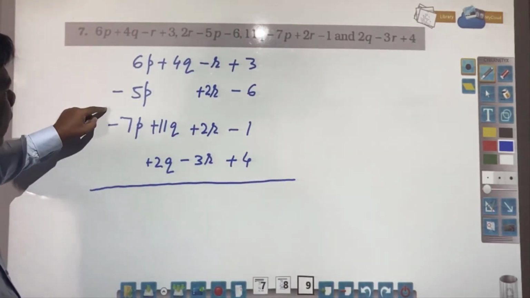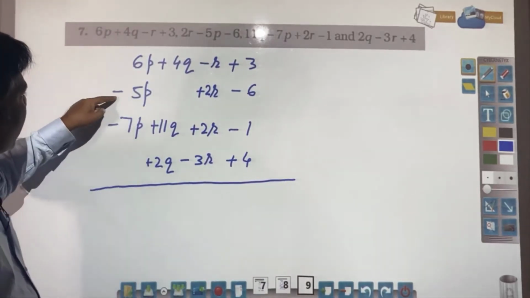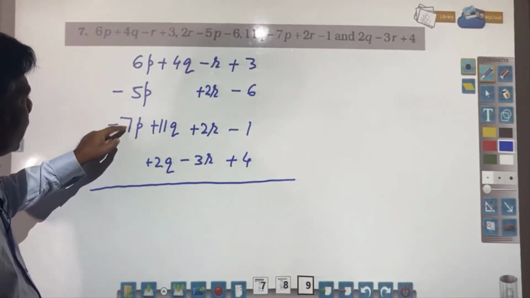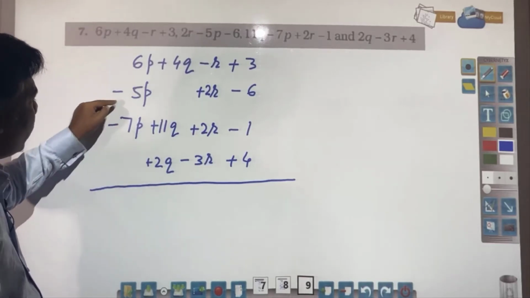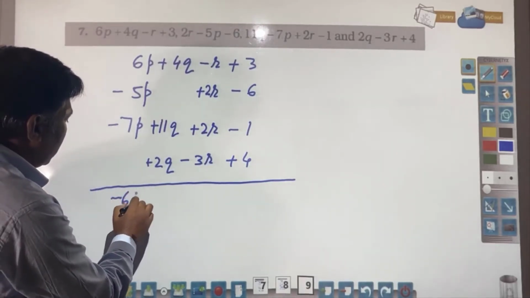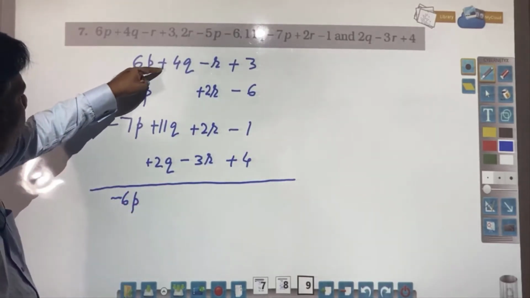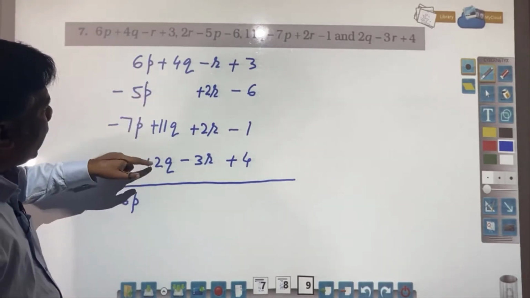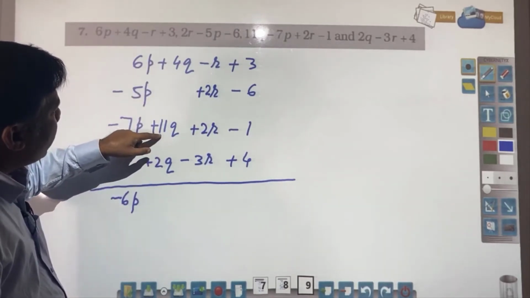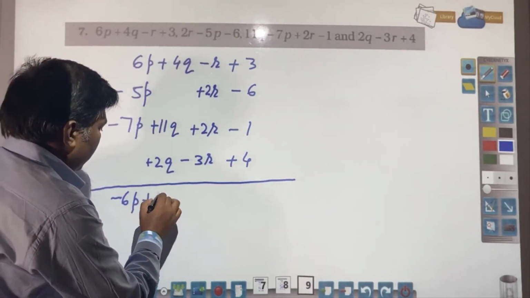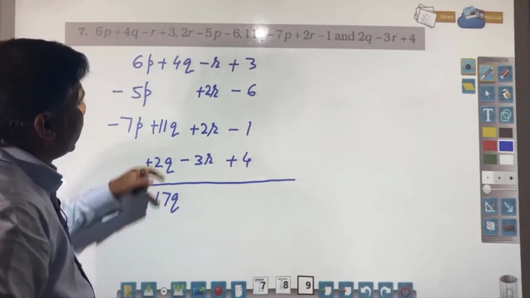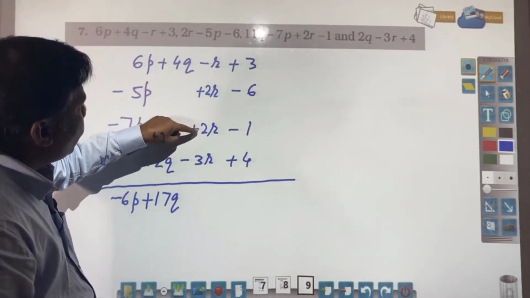6p, similar sign you see, like signs, minus 5p and minus 7p. It became 12. 12 minus 6 is 6, sign will be minus. Then you have all are positive, are required to be added. So 2 plus 11 is equal to 13 and 4, 17q. Then you see 2 and 2, 4.